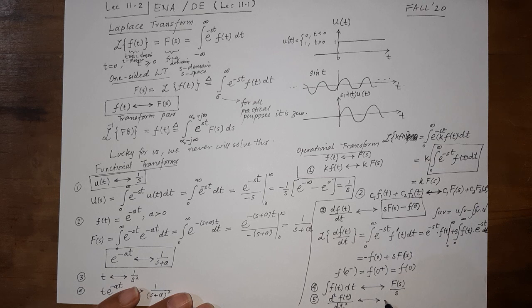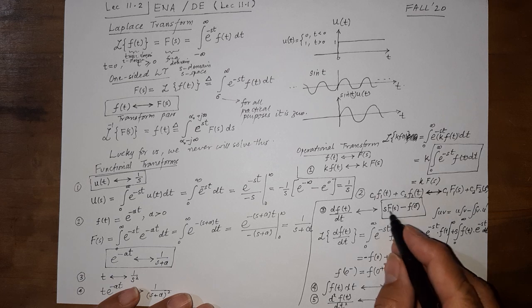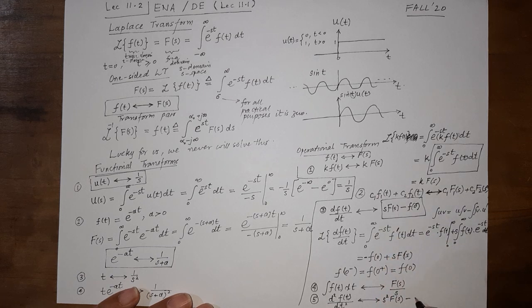And as you know, teachers are very comfortable doing things which are easy. It is s square F of s minus s into f of 0 minus f dash at 0 minus.